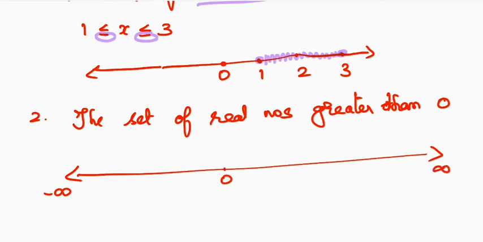So we go for 0, 1, 2, 3, 4, etc. The real numbers are greater than 0, so 0 is not included. The numbers greater than 0 go on up to infinity. So all the real numbers between 0 and infinity are included. Therefore this is also an interval.